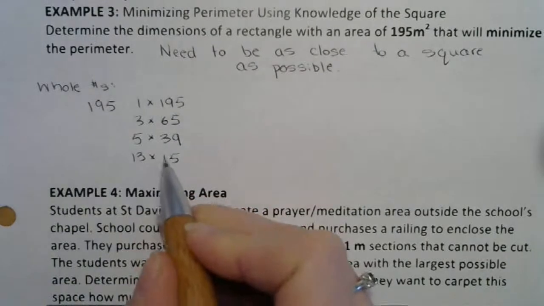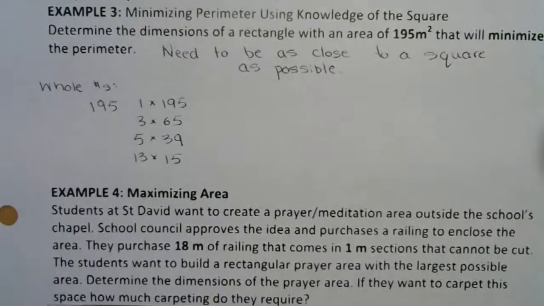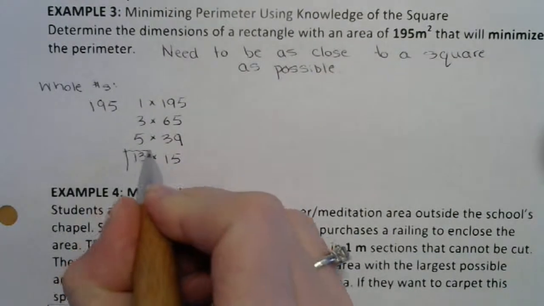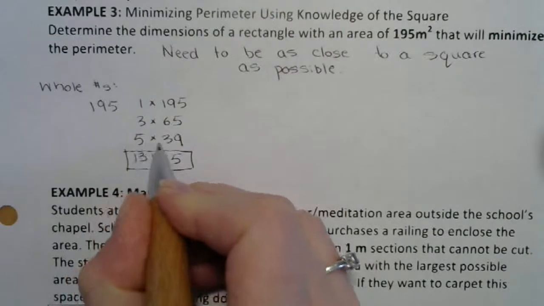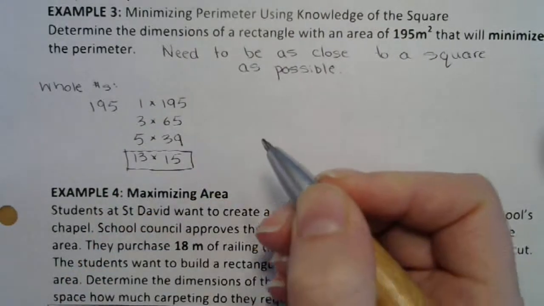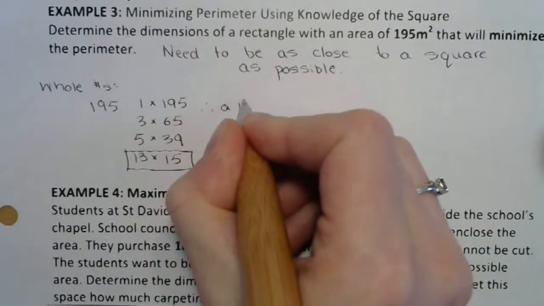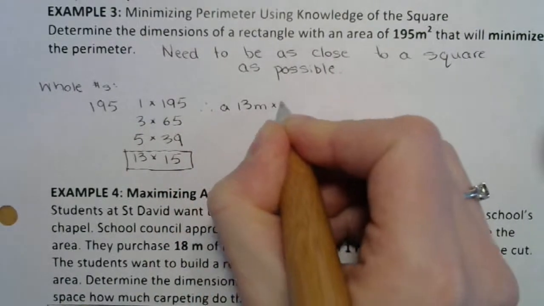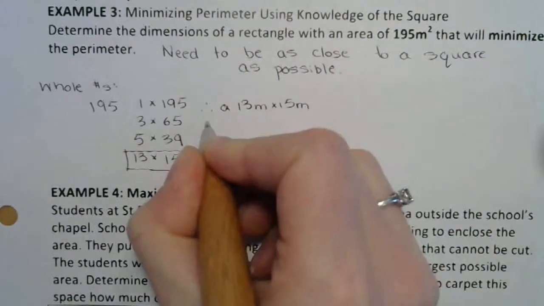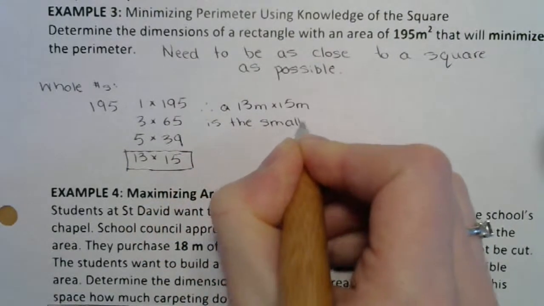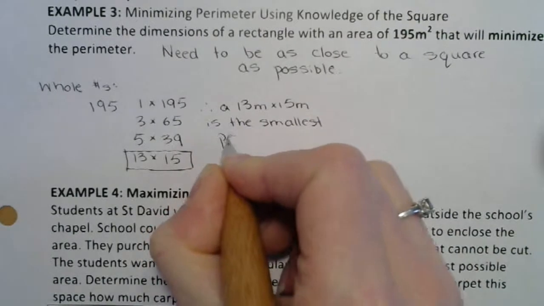And then if we go up more, once again, we're going back to one that we've already done. So the 13 by 15 is these two numbers are the closest together. These two are still pretty far apart. 13 and 15 are only 2 numbers away. So therefore, a 13 meter by 15 meter is the smallest perimeter.